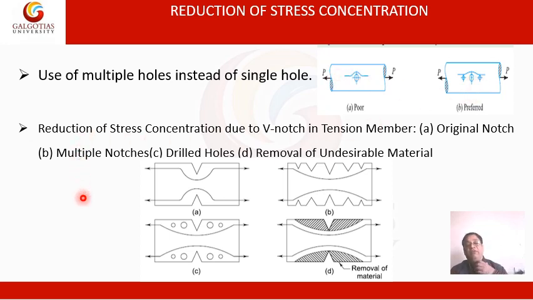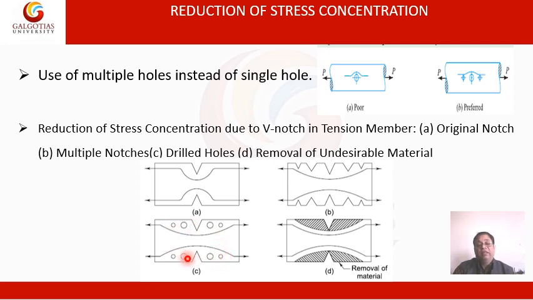Another way of reducing the stress concentration is in the V notch, which is subjected to tension. This is the original notch. Here we are creating multiple notches, by which the stress lines are smoother than the previous in figure A. Then you can also create holes, you can use drill holes.